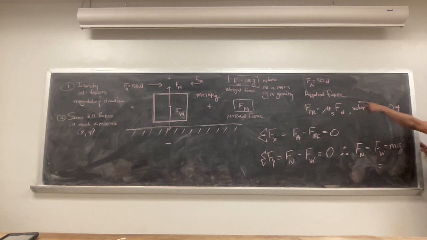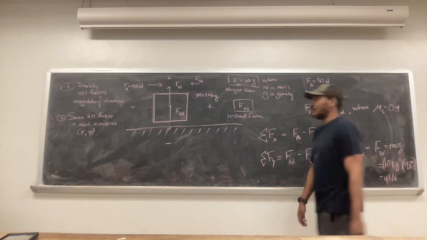I said my box was what? 10 kilograms. And my gravity is what? 9.8 meters per second squared. All right, which is going to give me what? 98 newtons, right? So 98 newtons.